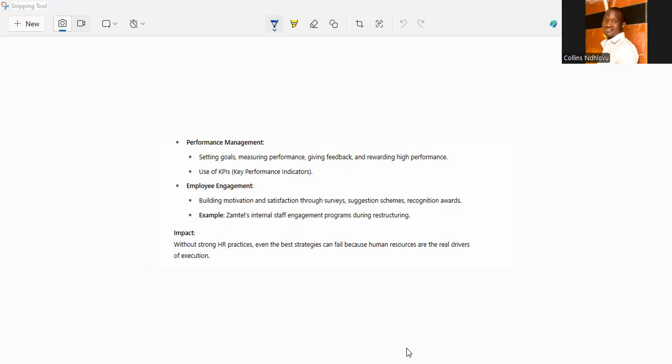Any other role that HR plays? Compensation and benefits as well. All right, consultation as well. Okay. So what other roles does HR play?